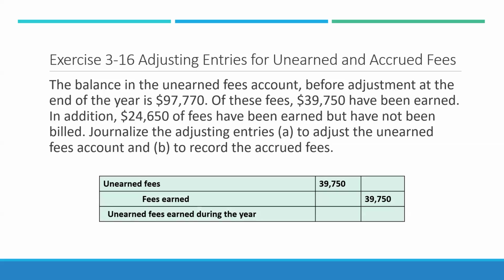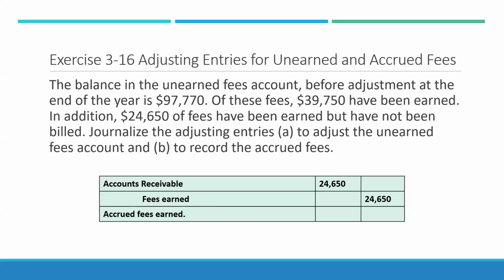So our 39,750 shows they're no longer unearned, they are now earned. So we're reducing our liability and we're increasing our revenue.